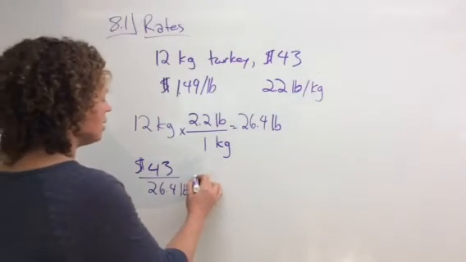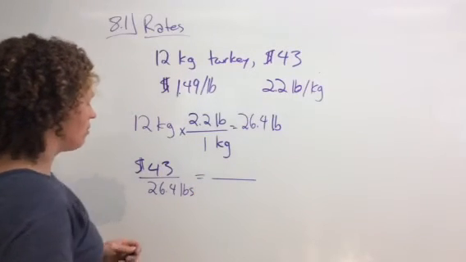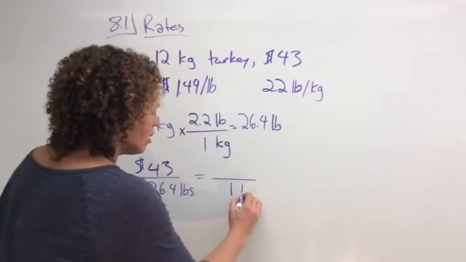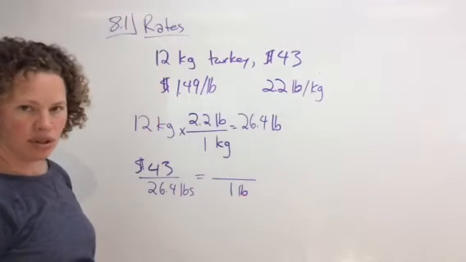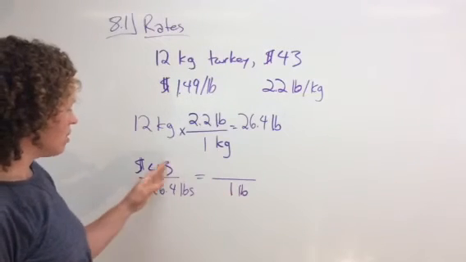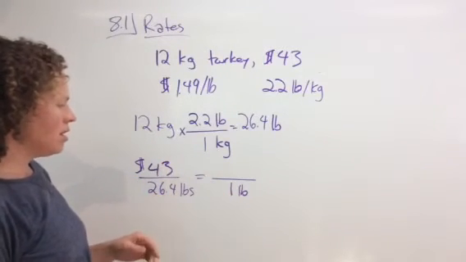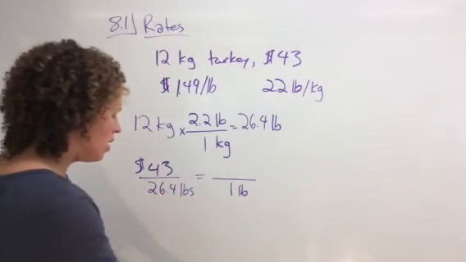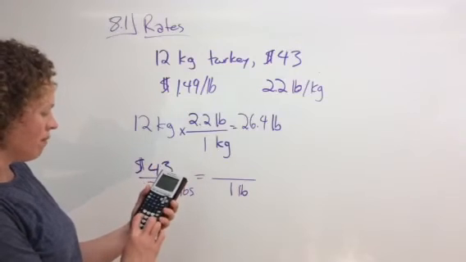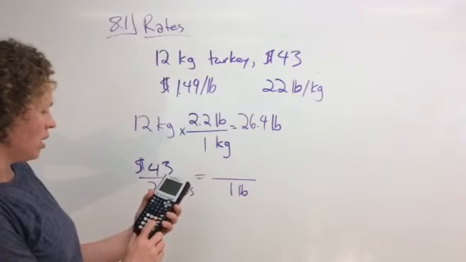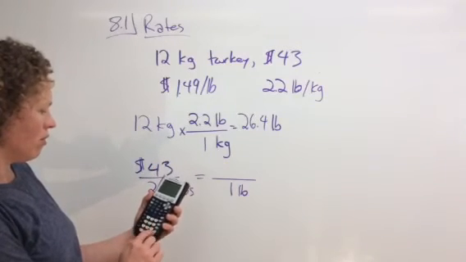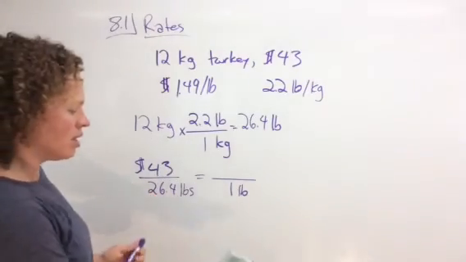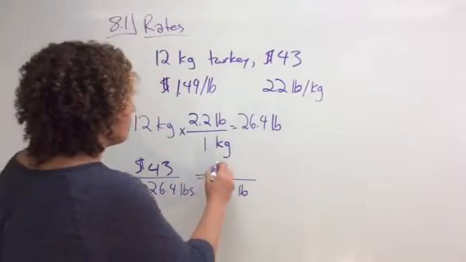You can also look at it like if I made it an equivalent fraction over 1 pound, you could cross multiply and divide. In this case, if this is 1, it's the same as just dividing these numbers. So I'm going to take my calculator and go 43 divided by 26.4, and I get $1.63 when I round up to the nearest penny.